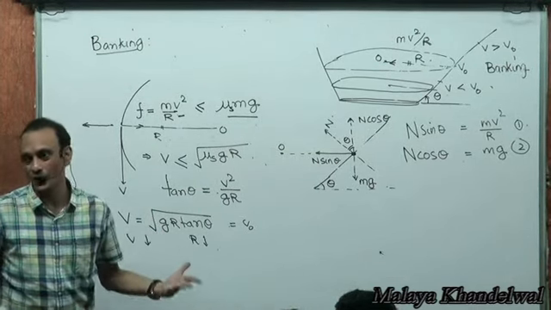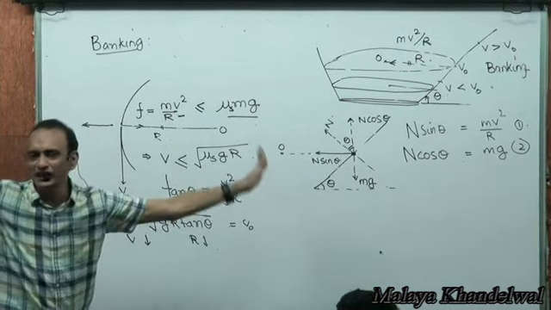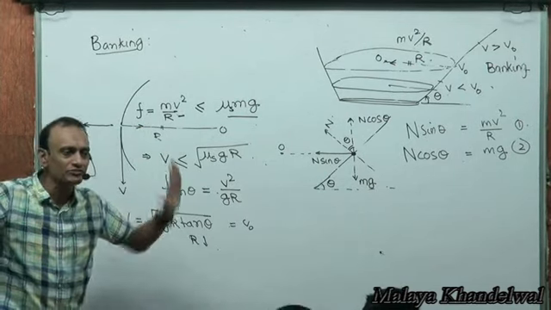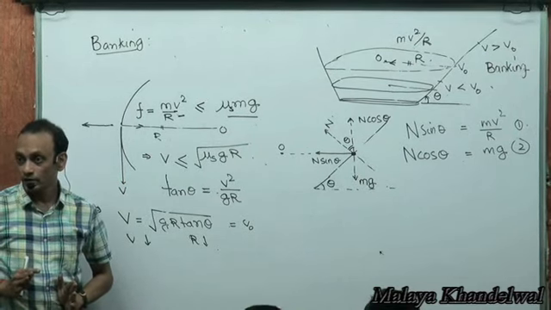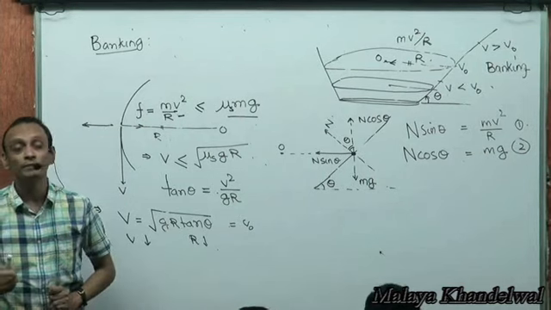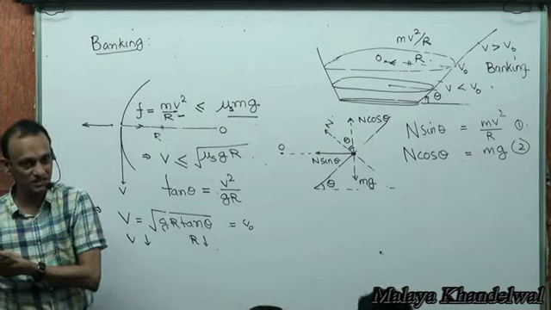Let us see how. This is the velocity which will be completely handled by normal reaction. Normal reaction says, oh, I'm good enough to take care of this velocity at this radius. Anything larger than this velocity or smaller than this velocity, it falls back on its deputy, the friction.